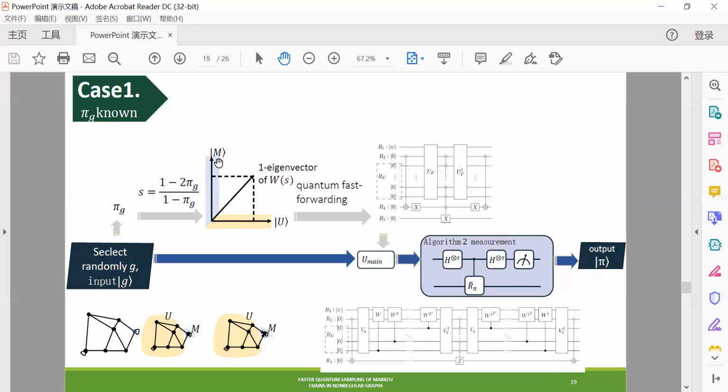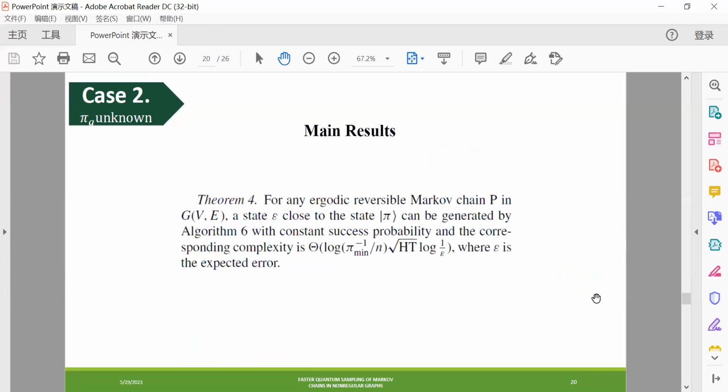It has overlap with the marked points and the unmarked points. Then we can construct the U-main operator by the quantum fast forwarding technique. We can apply it to the initial state many times. Then we do measurement, and if we output pi, we stop the process.